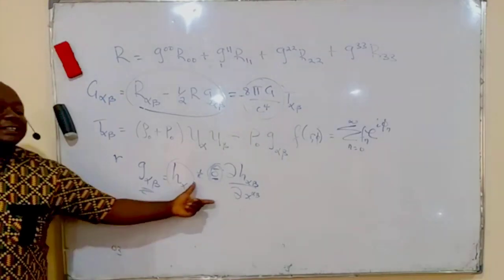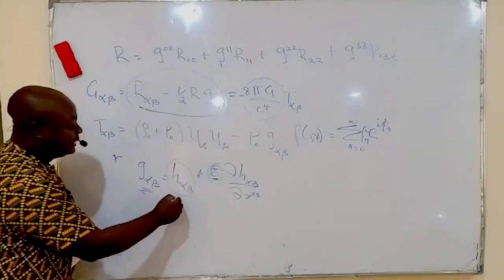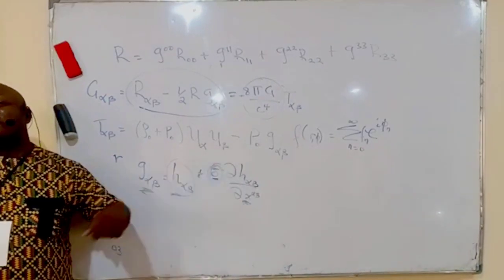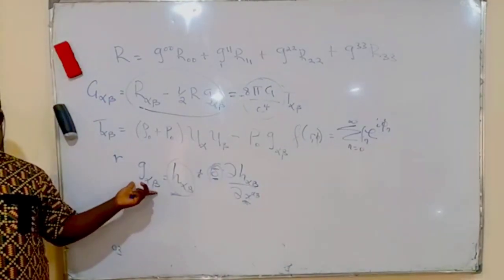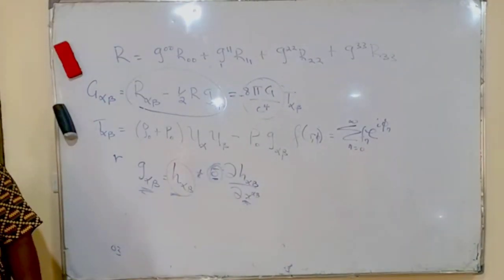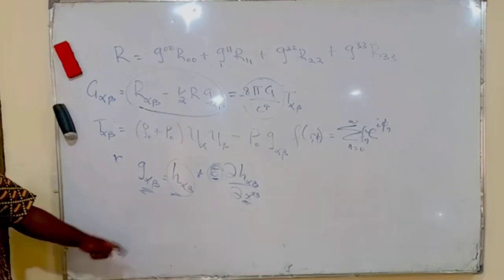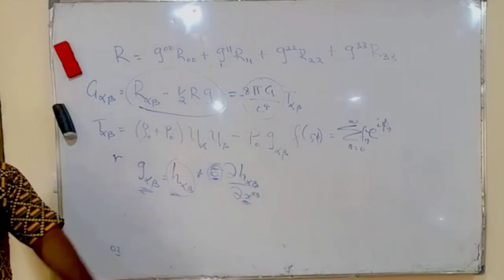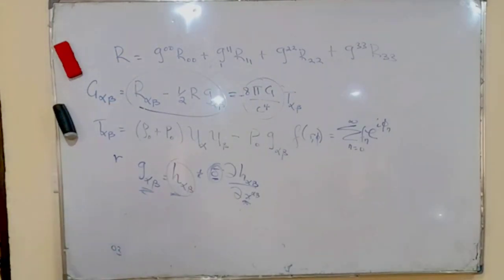So it simplifies your equation further, because you know this, and you can easily get this. So you now try to find this small perturbation that has introduced a gravitational field. So this is another approach that we also use to solve those field equations. So these are some of the approaches that are available that we use. Okay.